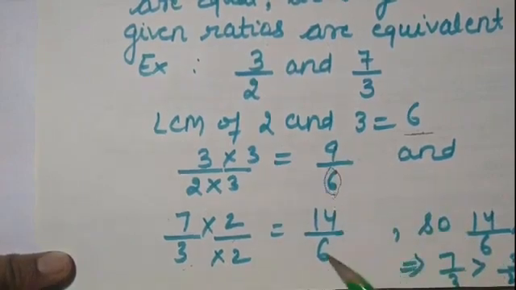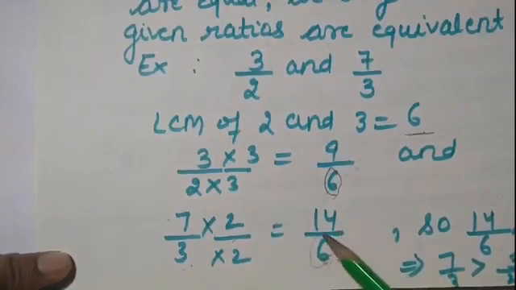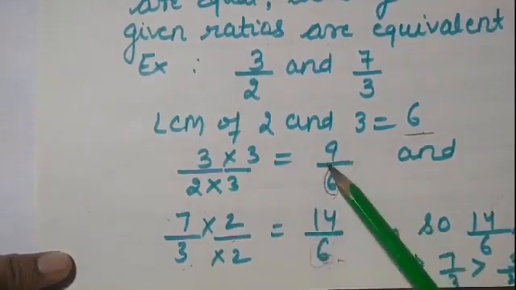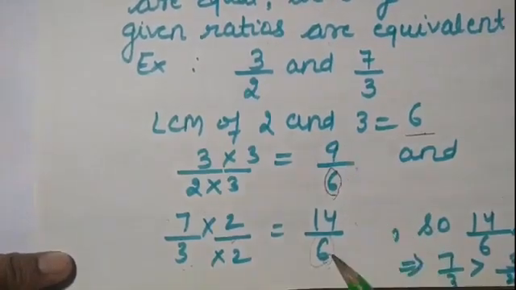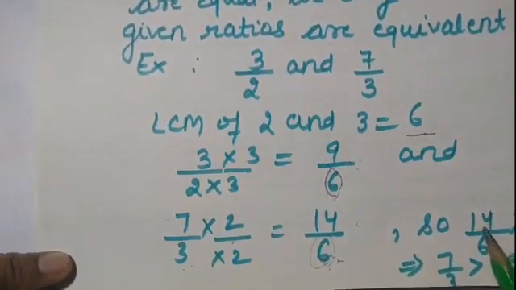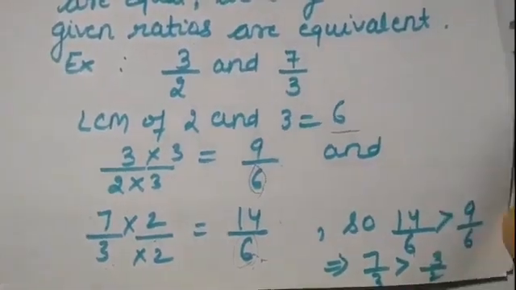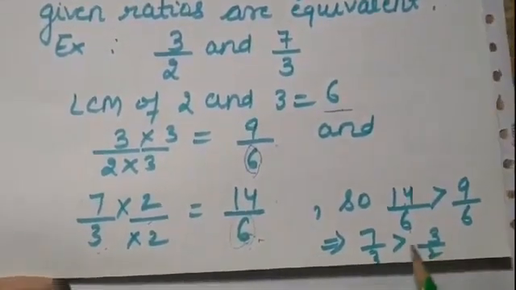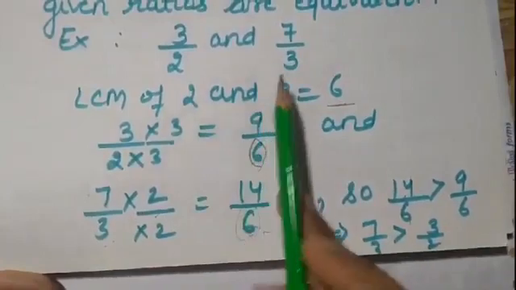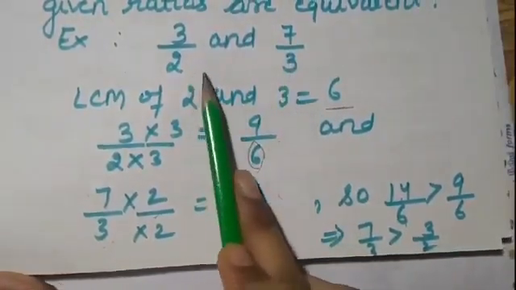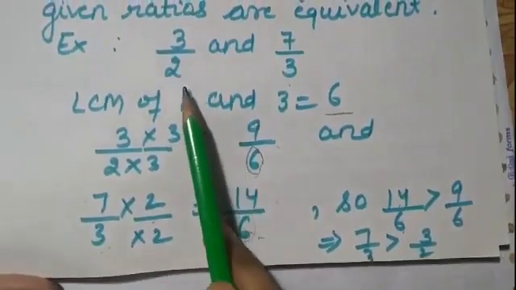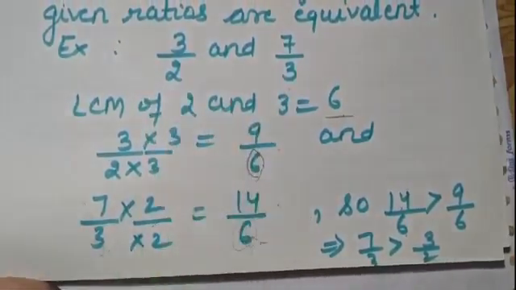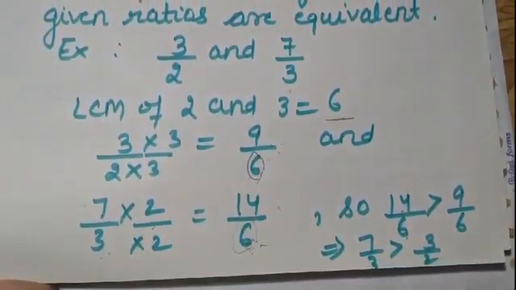Their denominators are the same, so they are like fractions. Which one is greater? 14 is greater than 9. I compare the numerators only if I have the same denominator. So 14/6 is greater than 9/6, and I can say 7/3 is greater than 3/2. This is how you can compare ratios. If they come out to be equal, then we say the ratios are equivalent ratios.